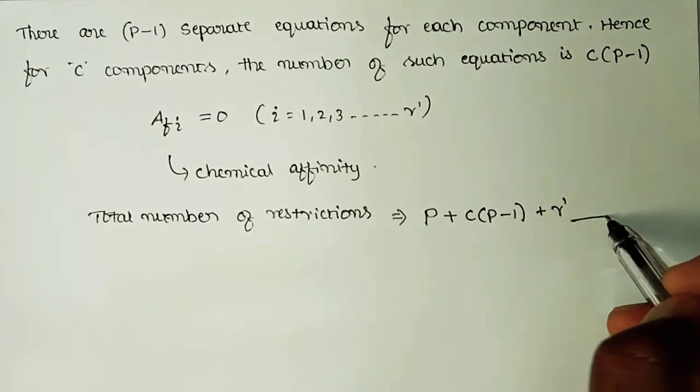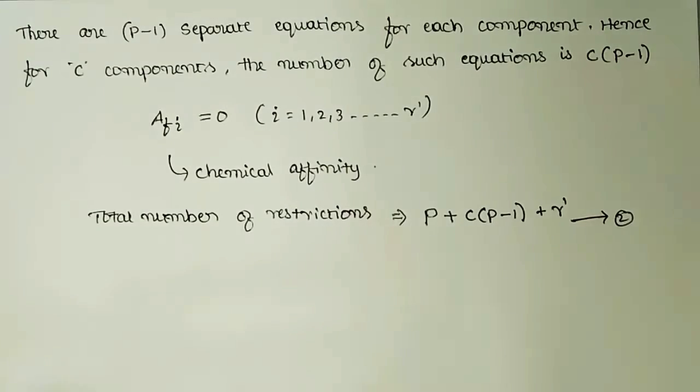So this is considered as equation number 2, which gives the total number of restrictions.